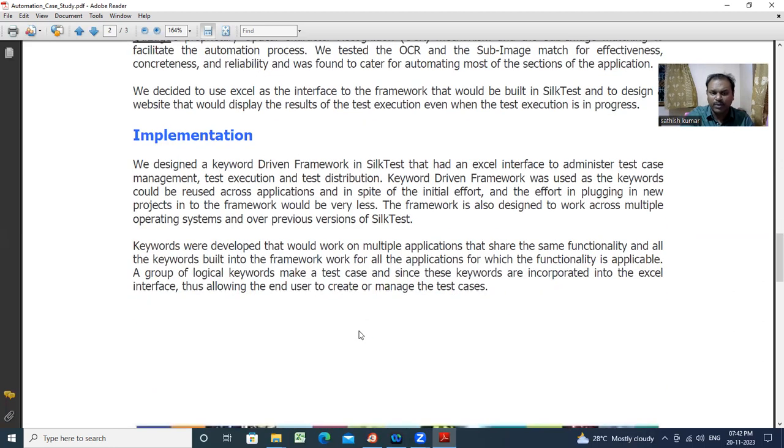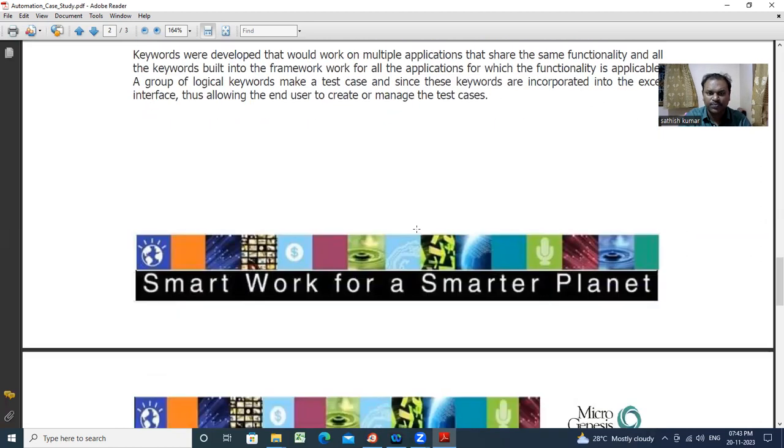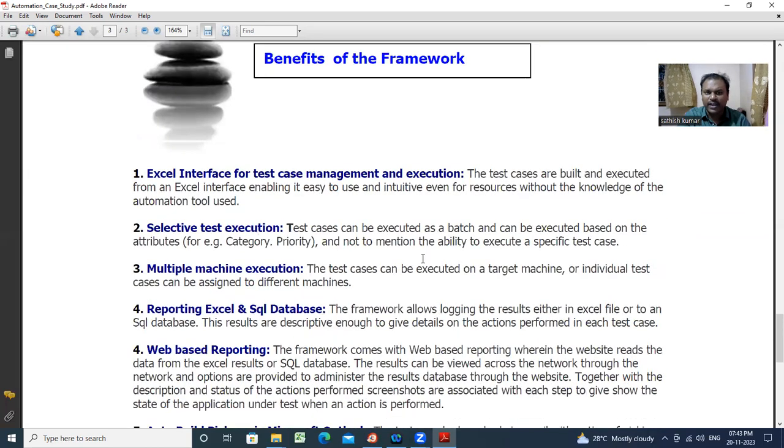So we are going to implement these with the help of the initial effort in plugging in using operating systems and over the previous version of skill testing. We have a number of benefits of the framework. This is an Excel interface for test case management and executions. It is easy to use and to initiate the event for the resource without knowledge of the automation test tools.